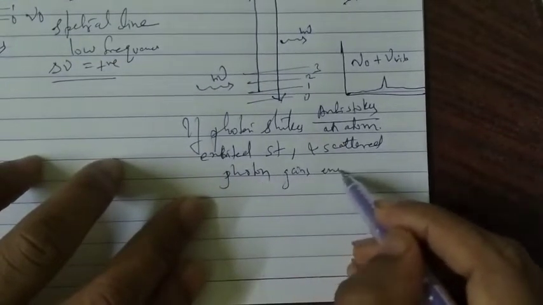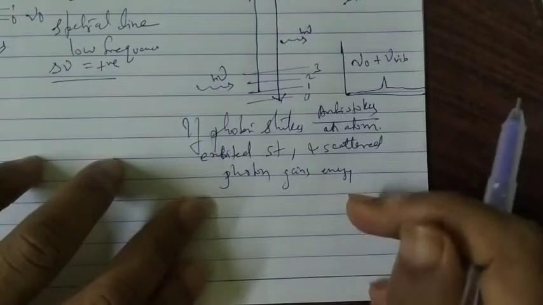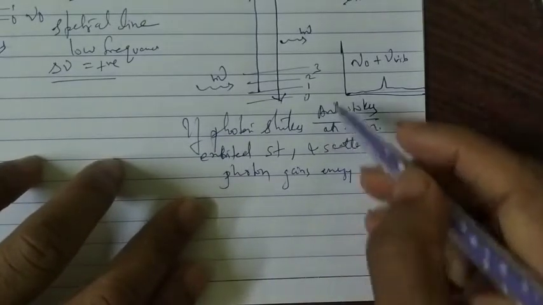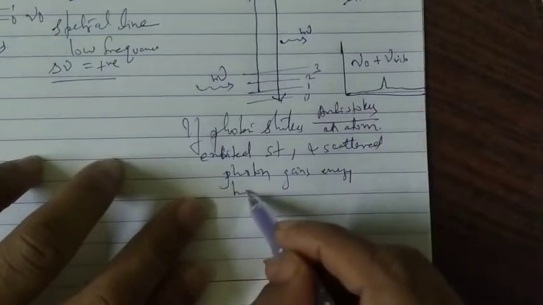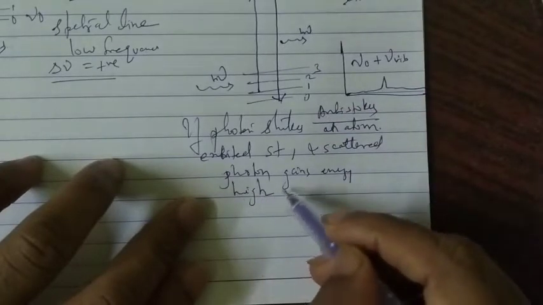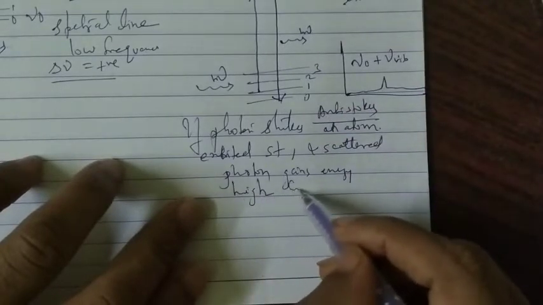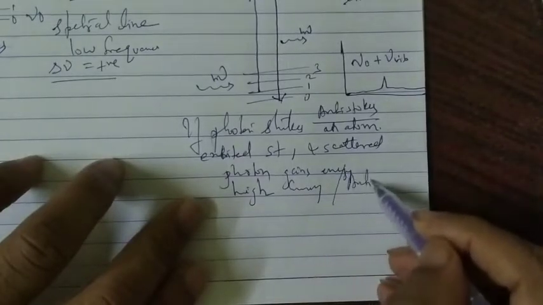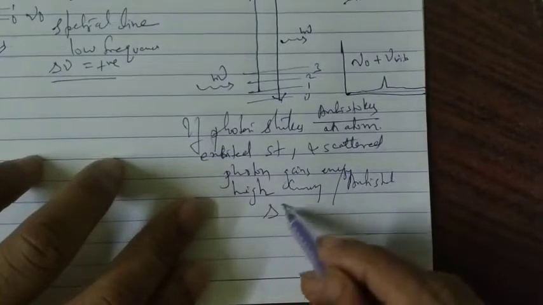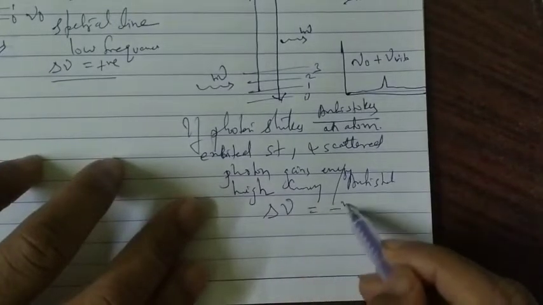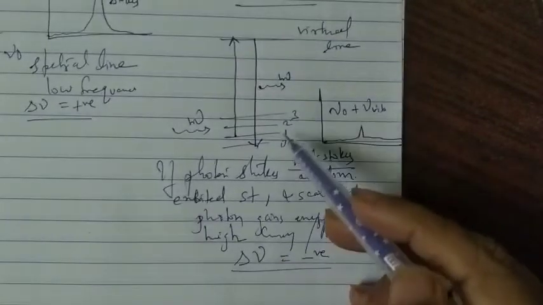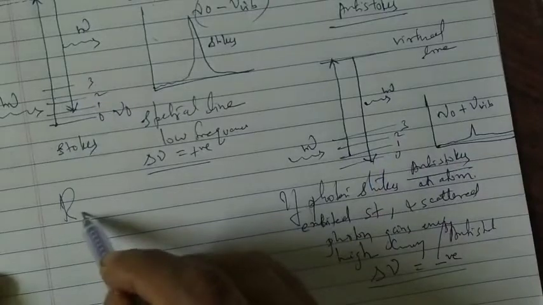The scattered photon gains energy, and the spectral line will have high energy, and it is called anti-Stokes, and here del nu will always be negative. The del nu value will always be negative. So this is what about the anti-Stokes and Stokes here. And one more comes, that is your Rayleigh's.